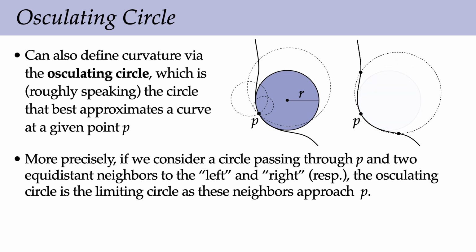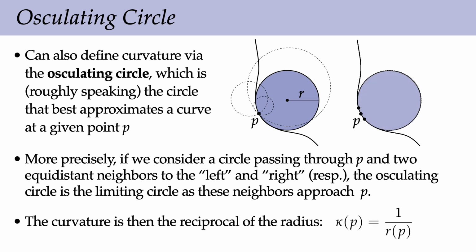If we then let these points get closer and closer to P, we're going to get a sequence of circles that get closer and closer to the osculating circle. So the osculating circle is the limit of this process. The curvature of the curve at P is then just the reciprocal of the radius of the osculating circle. Kappa of P is equal to 1 over r of P.